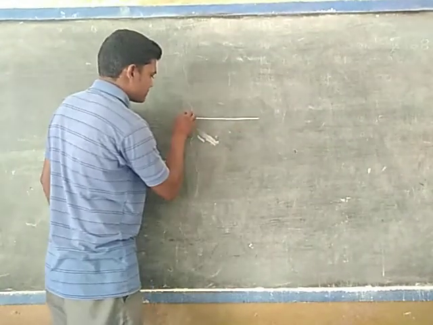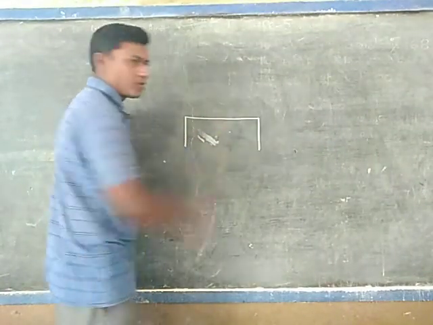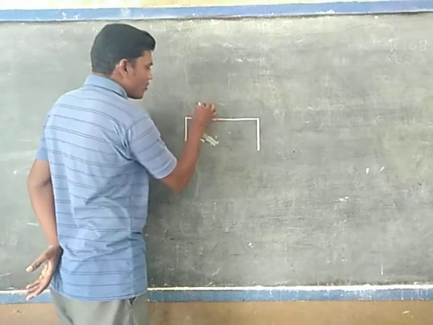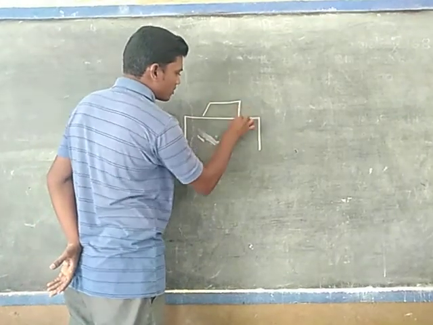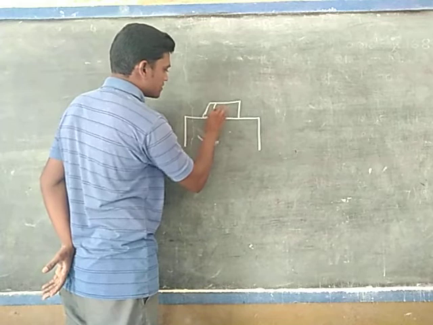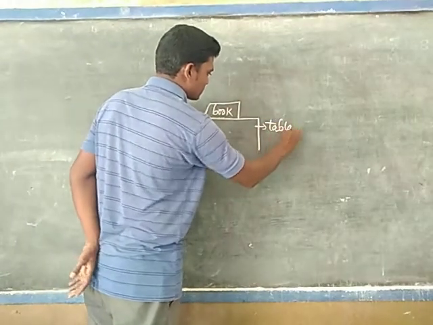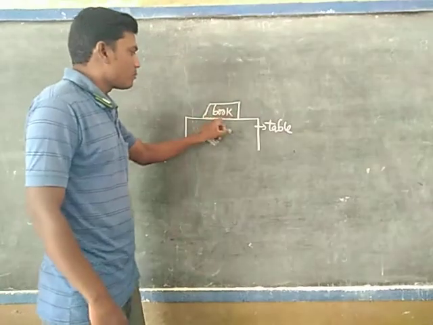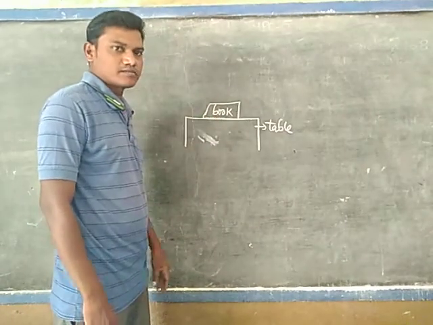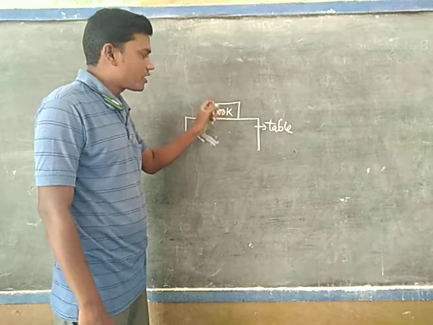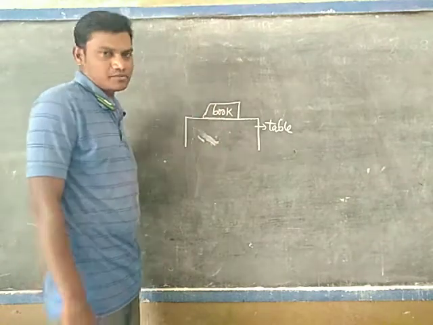Here is a table. We placed a book on the table. It is the book, it is the table. Listen very carefully. A book is placed on the table. Initially, the book is in the rest position.